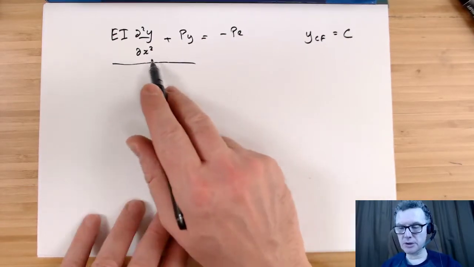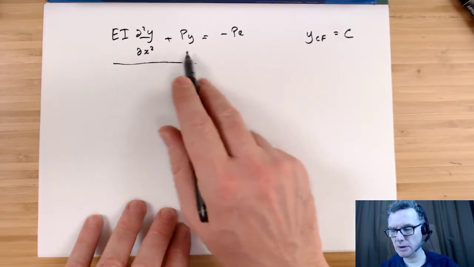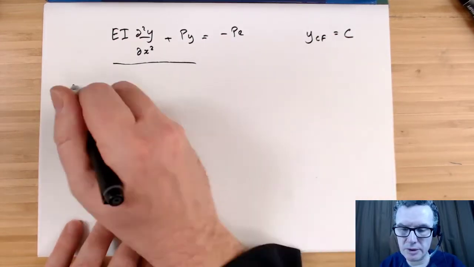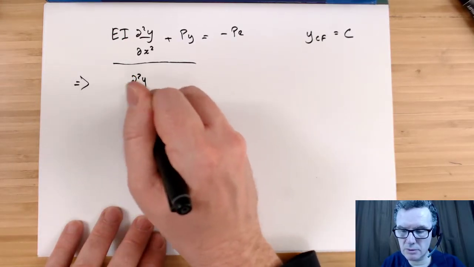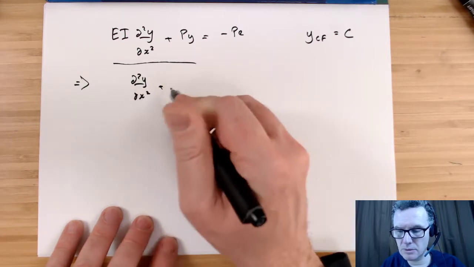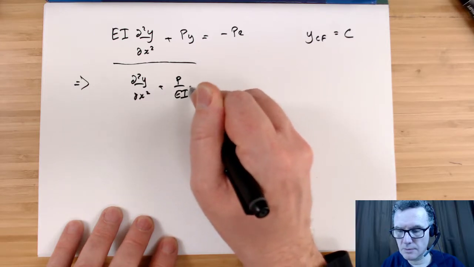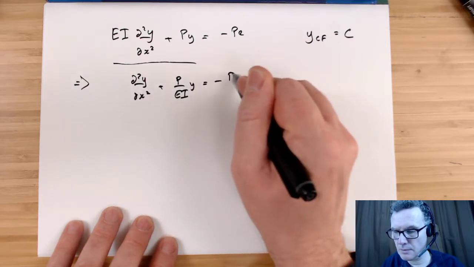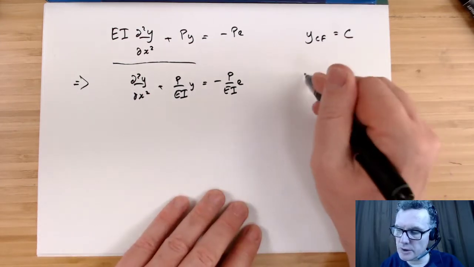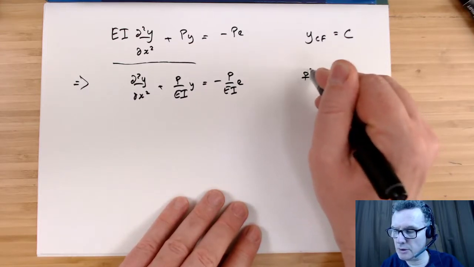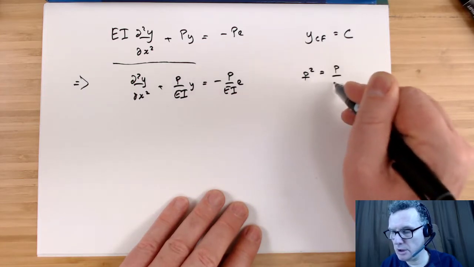I will rewrite this before I do this, so that my leading term has 1 in front of it, and I use that p, I'm calling it p bar to differentiate it, squared equals big P over EI.